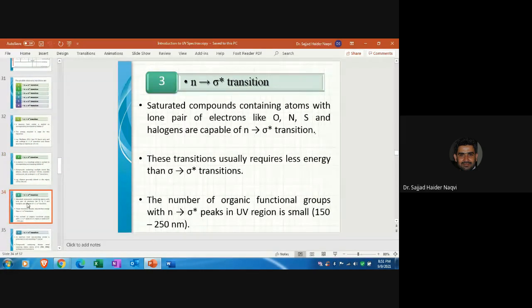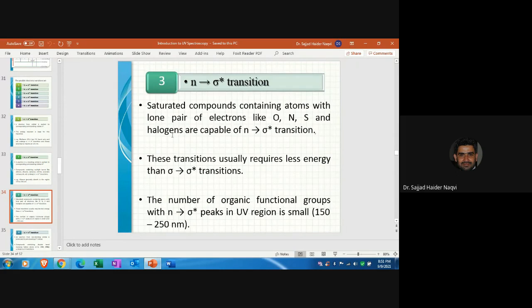Then we have the third transition, which is from non-bonding to sigma star transition. This is particularly in the case of saturated compounds. Now, methane was also a saturated compound, but this is a different category. These are saturated compounds containing atoms with a lone pair of electrons.